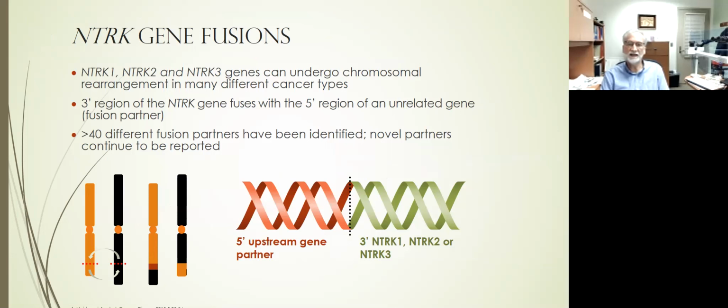The thing is that in order for that fusion product, an NTRK receptor tyrosine kinase, to be active, that fusion has to be in frame, meaning that there is no loss of information or no shift or premature stop codon generated. Once that is happening, then the NTRK receptor tyrosine kinase becomes constitutively active without the ligand binding necessity.